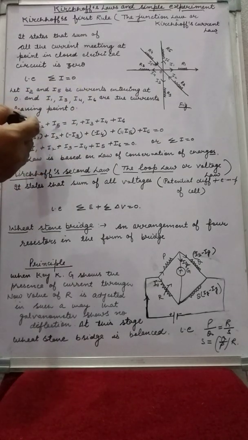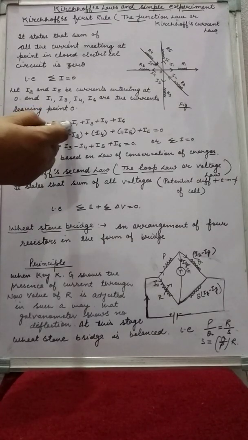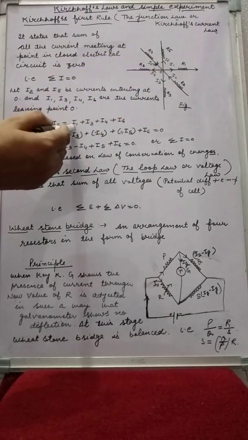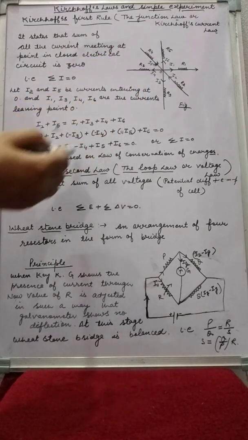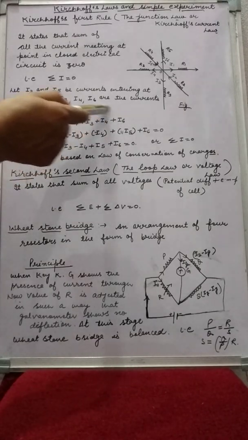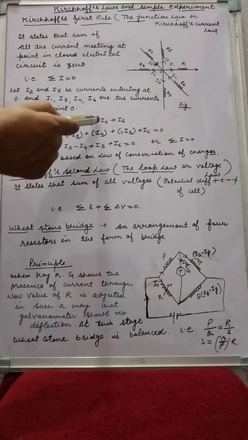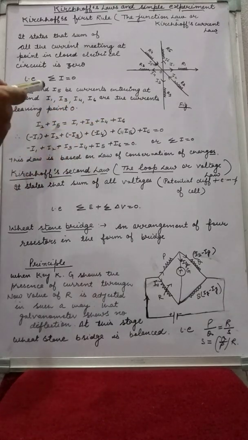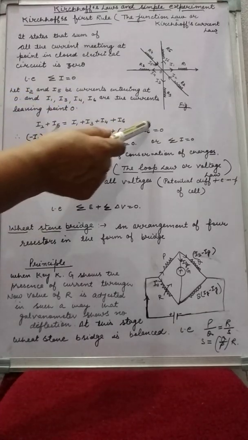So we can say I2 plus I5 is equal to I1 plus I3 plus I4 plus I6. Now the leaving currents I1, I3, I4, I6 are taken as negative, and the entering currents I2 and I5 are taken as positive.